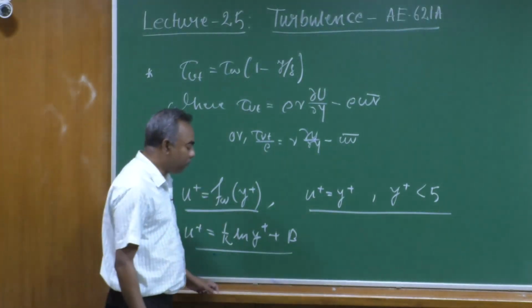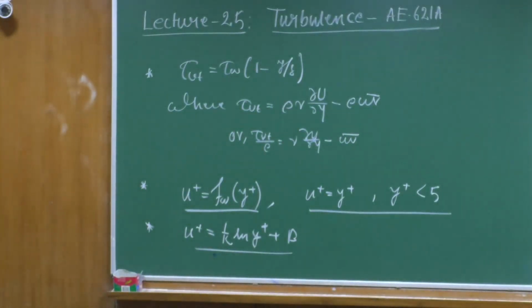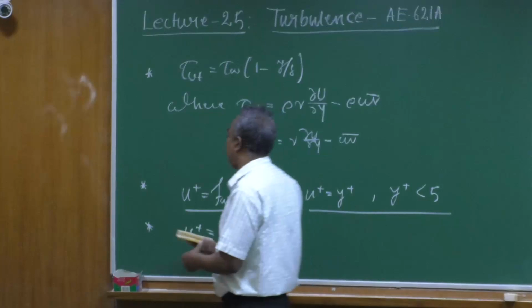In turbulent pipe flows, we can easily determine the wall shear stress by just finding out the pressure drop along the length of the pipe.